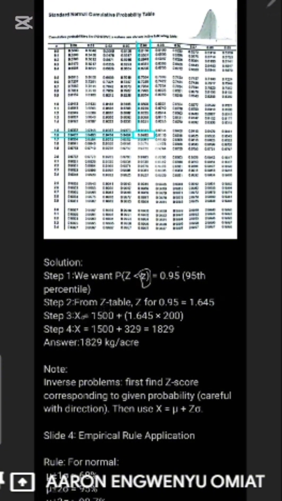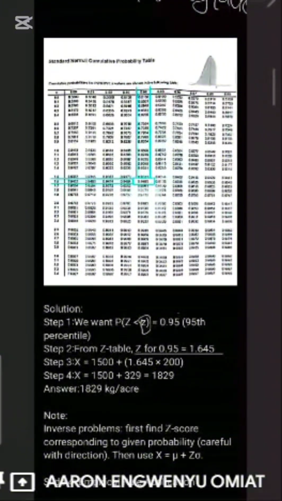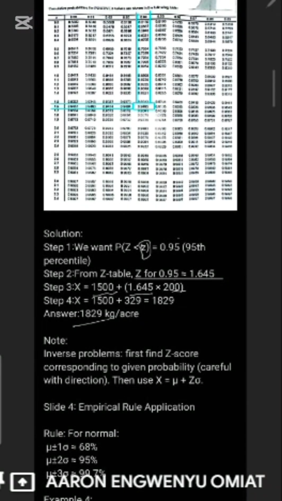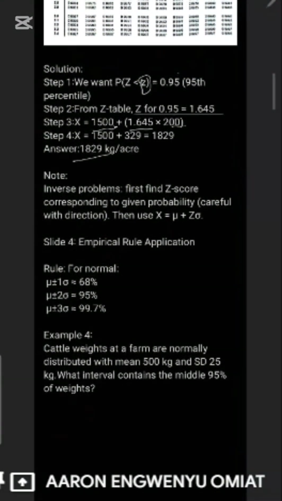After we have found the Z value, we substitute in the inverse normal formula for X. This is our mean, this is our Z value, and this is our standard deviation, and our answer comes to 1829 kilograms per acre. For inverse problems, the first step is to find the Z score corresponding to the given probability. Be careful with direction. Then use the inverse normal formula, X equals mean plus Z sigma.